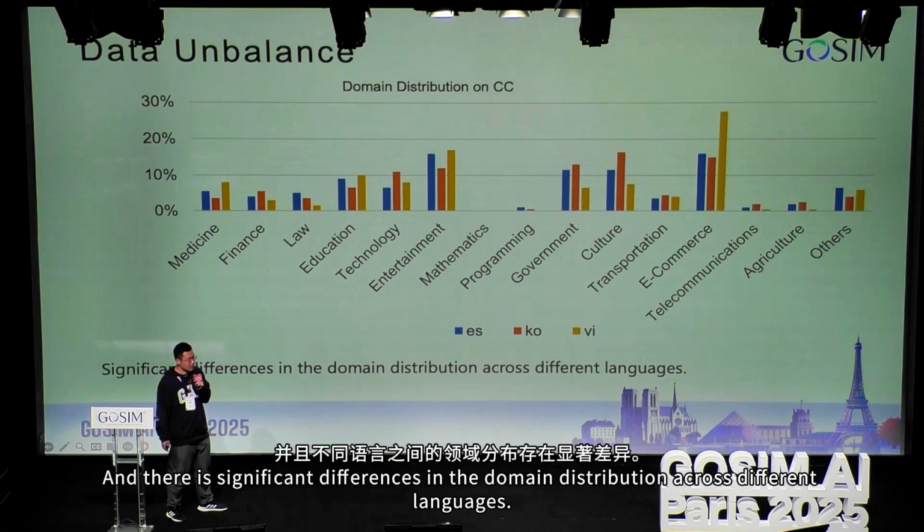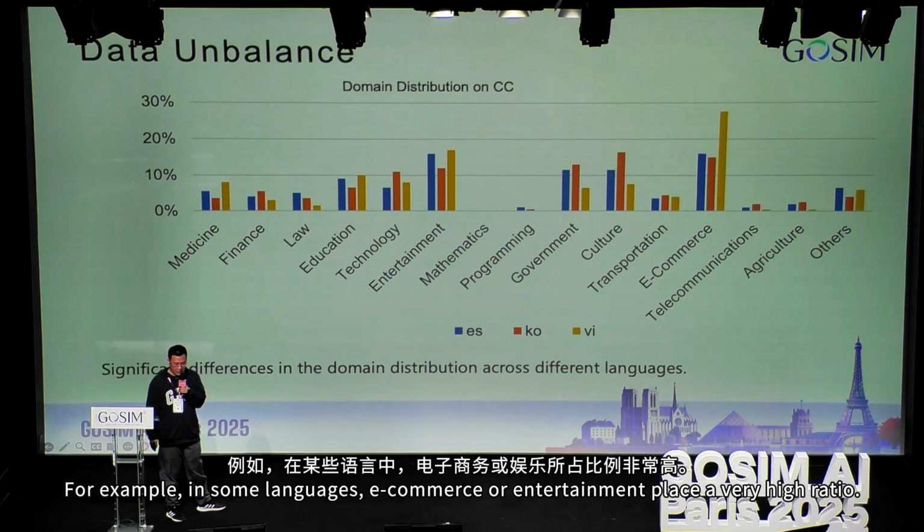And there are significant differences in domain distribution across different languages. For example, in some languages, e-commerce or entertainment plays a very high ratio.